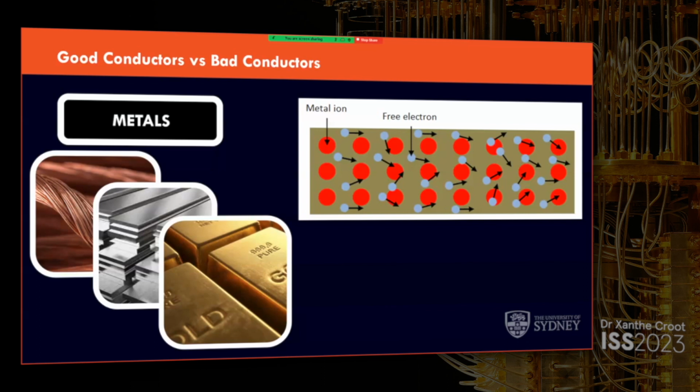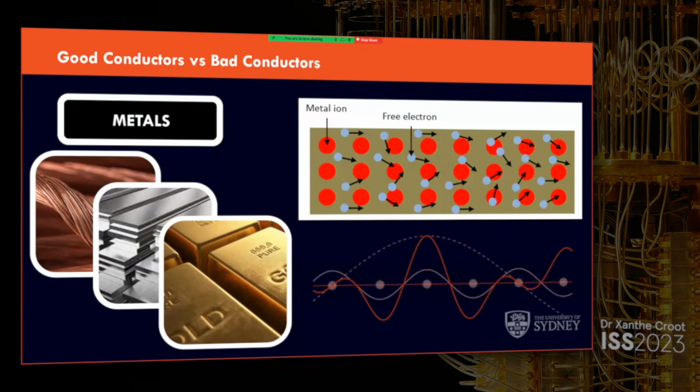Now, this is the picture that you'll find in a lot of textbooks, but it's actually not the full picture. When you get to maybe a third year condensed matter course, you start to discover that these electrons aren't little point charges moving about the lattice. What they actually do is become like waves moving through the lattice.